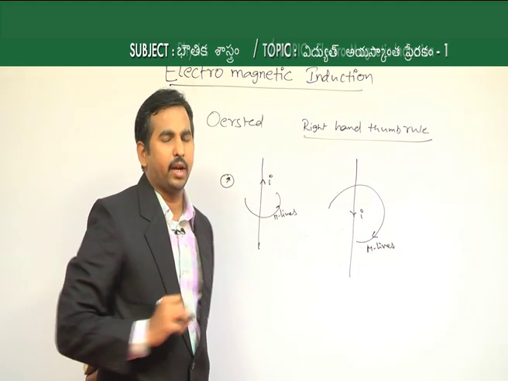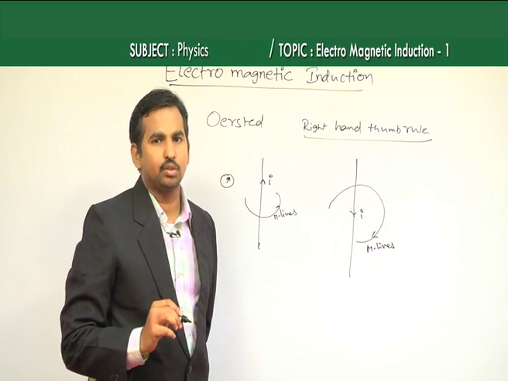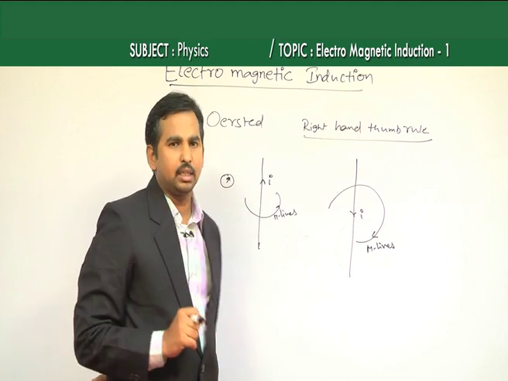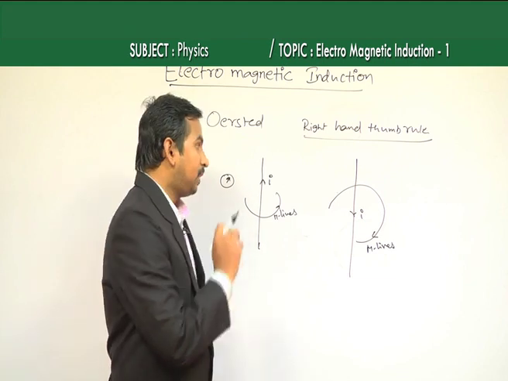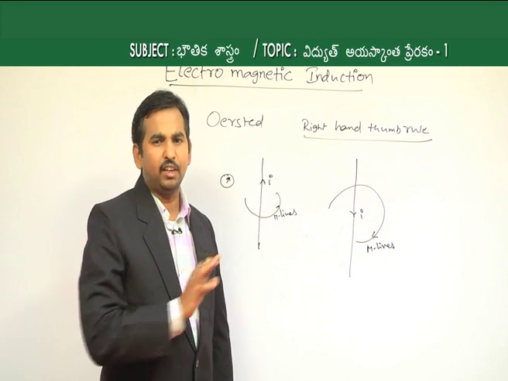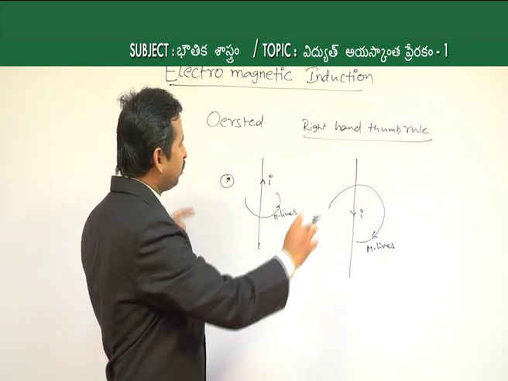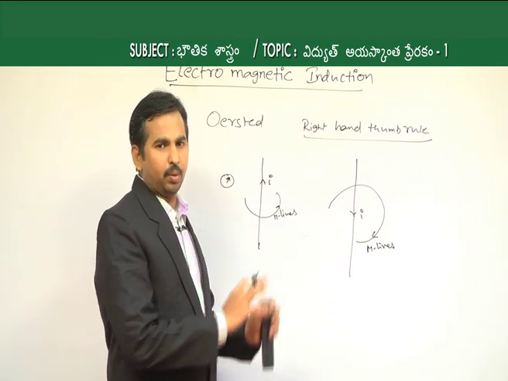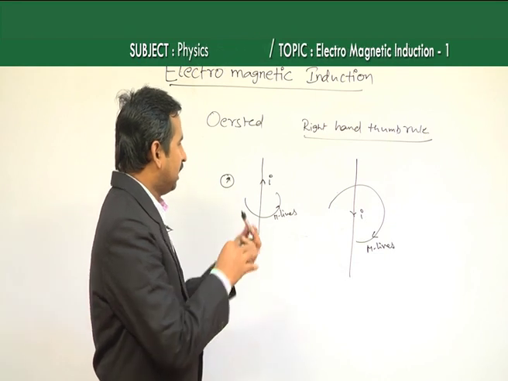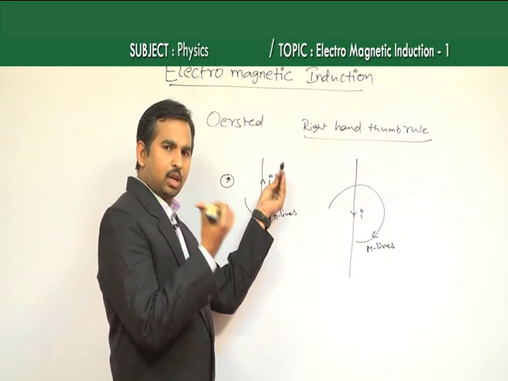This is called the right hand thumb rule, which gives you the direction of magnetic lines of force around a current carrying wire. In the same way, suppose the current carrying wire is coming out of the plane, let us assume this board is our plane, and the wire is coming outside.